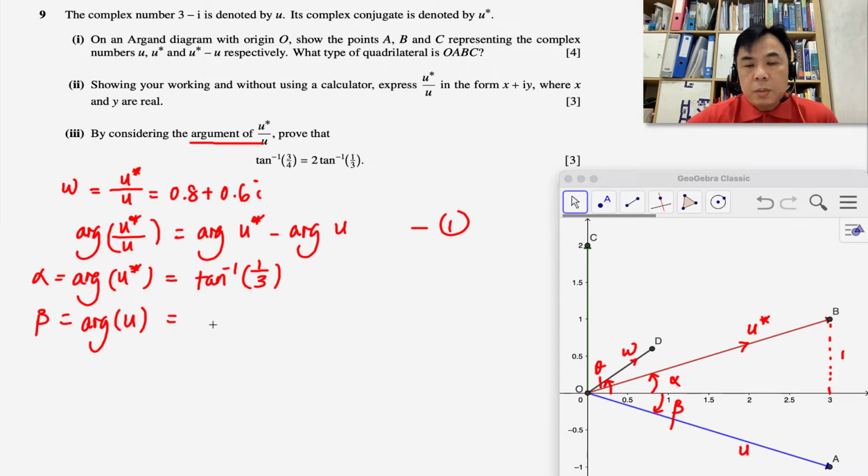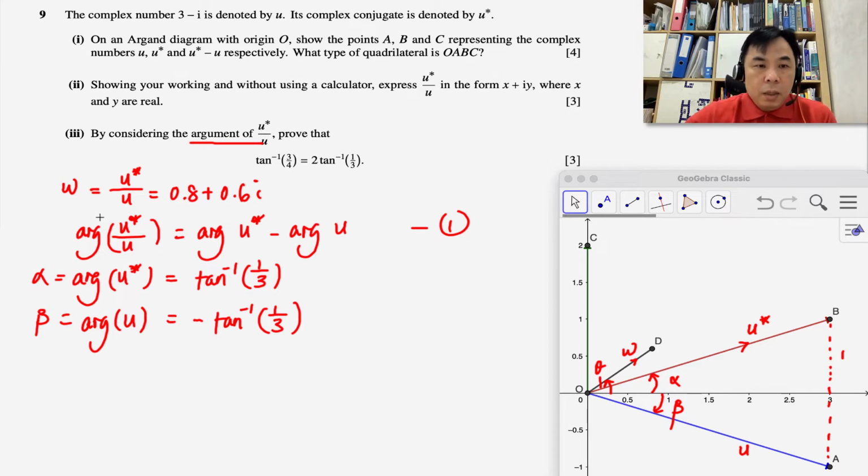Beta is the argument for the complex number u, and that can be represented by the same ratio here. The only difference is that beta is a negative angle when we measure it in the clockwise direction, so we put a negative tangent inverse. They have the same ratio, so it's 1/3 also.